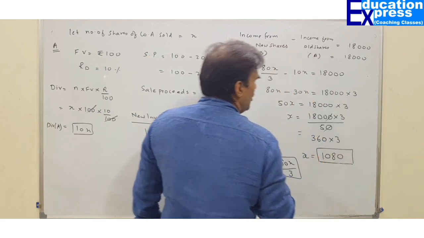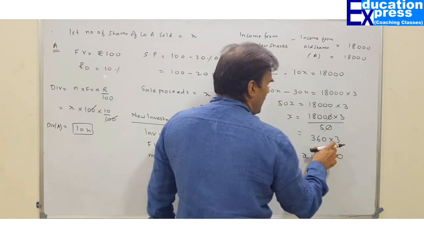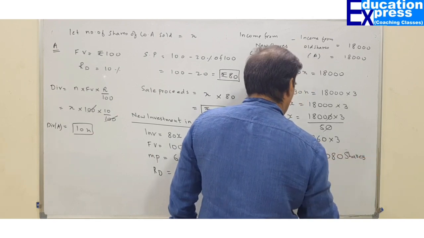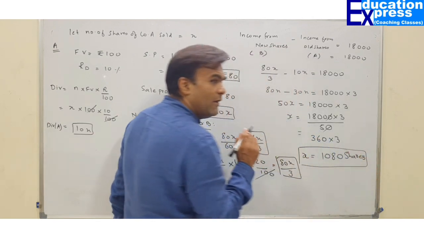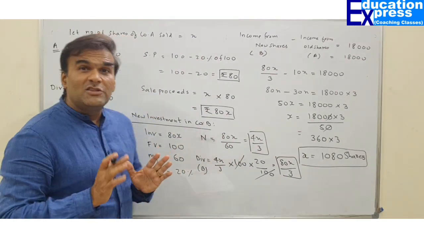That is x. So the question asked is how many shares were sold by Gopal? So 1080 shares in all were sold by Mr. Gopal.